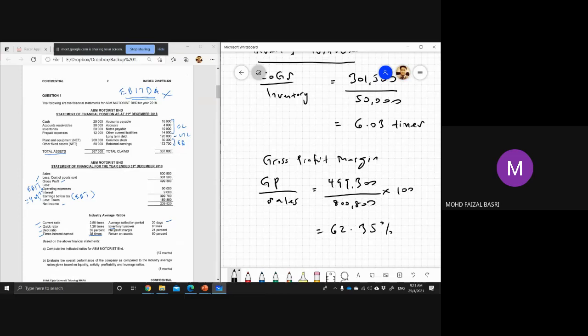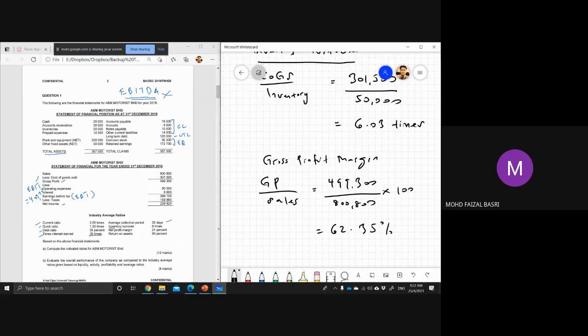Again, we don't know whether it's good or bad because we don't have a point of reference to compare. But this is the level. One way to look at this is that from the sales value, 62% will be converted into gross profit. That's the alternative way to see the margin ratios.